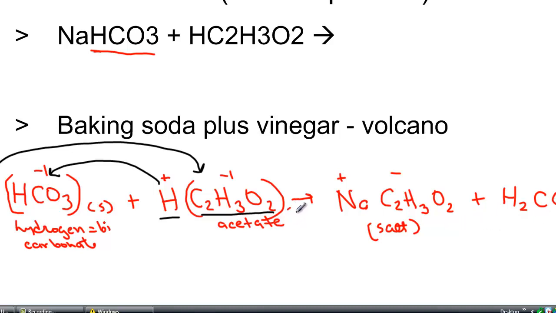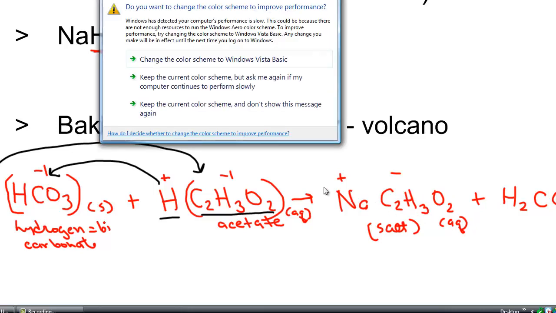So here we have an aqueous acid reacting with solid baking soda. We're going to get an aqueous salt, NaC2H3O2, and H2CO3 here. This is our aqueous salt.